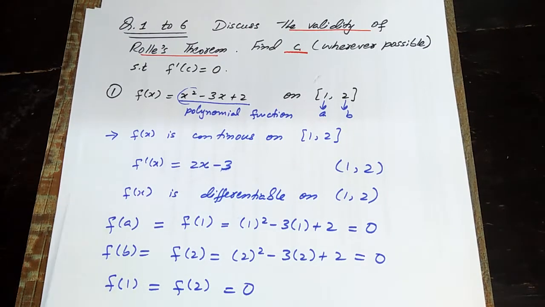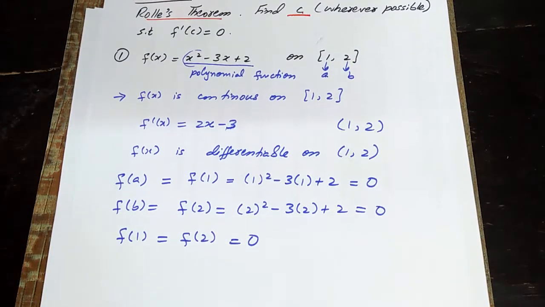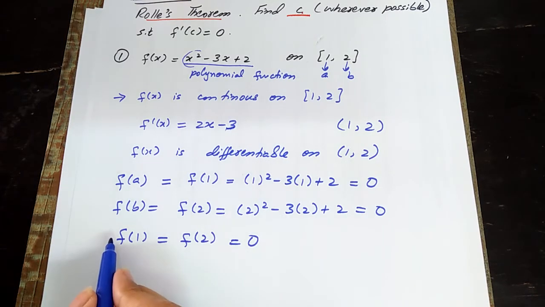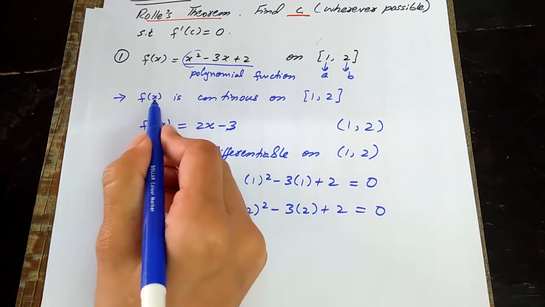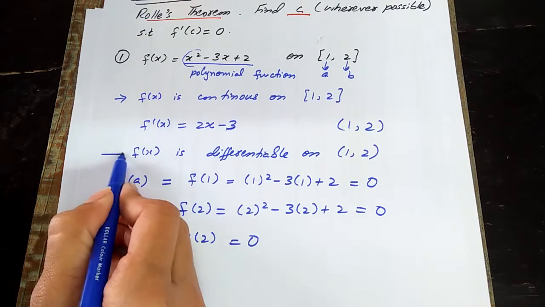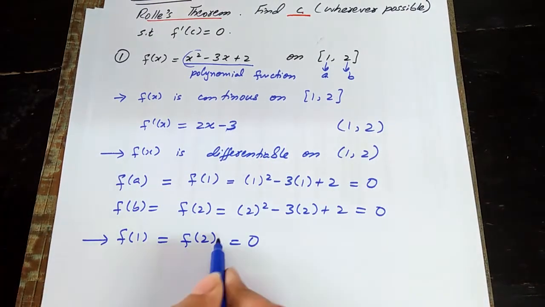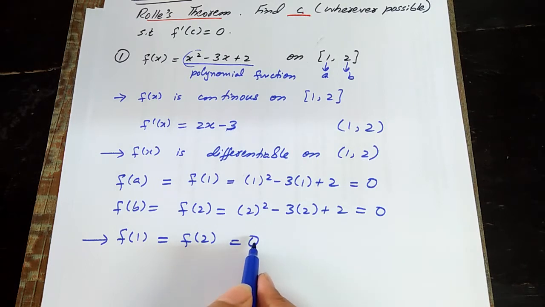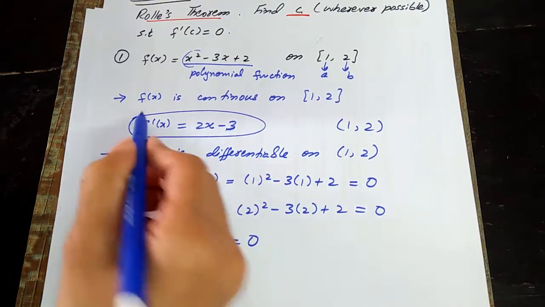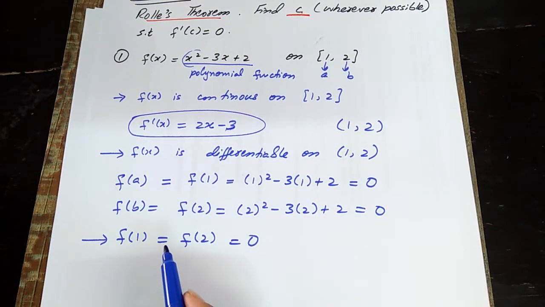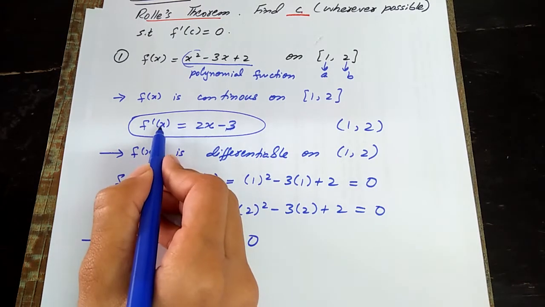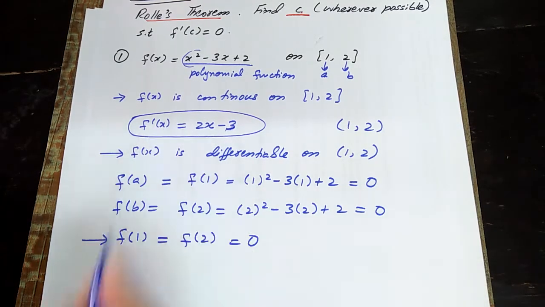Since both function values are equal to 0, it means Rolle's postulates are satisfied. The first postulate, f of x is continuous. The second postulate, f of x is differentiable. And the third postulate was f of a equals f of b. Now we can find the value of c. For finding the value of c, you have to take f dash of x and put c in place of x.